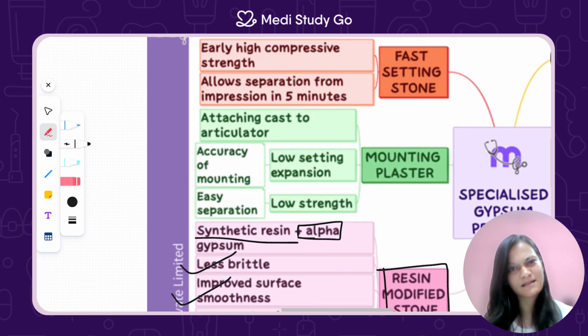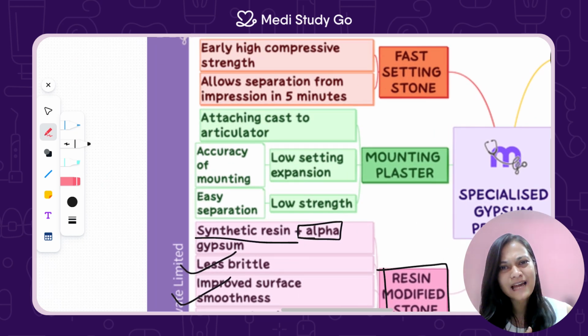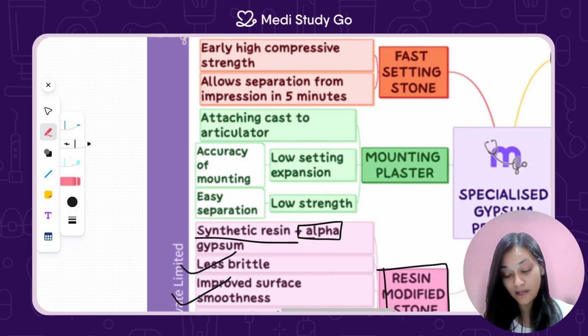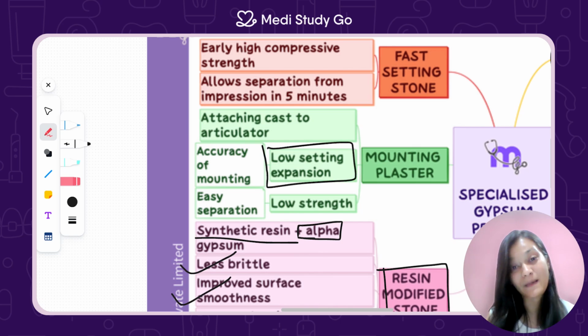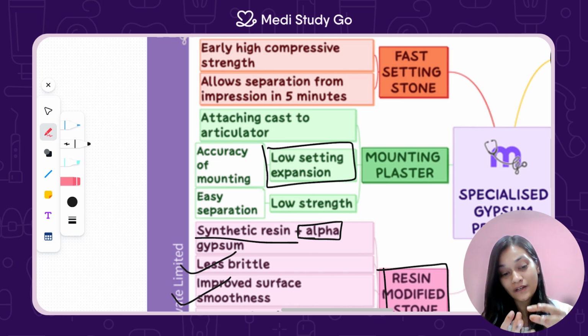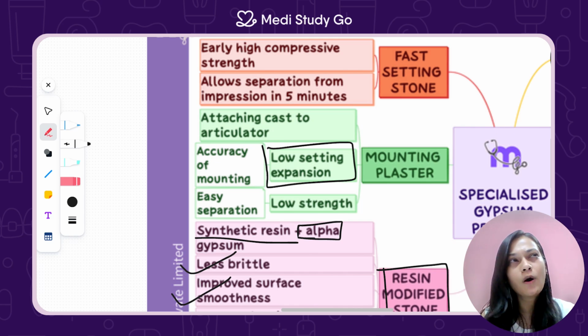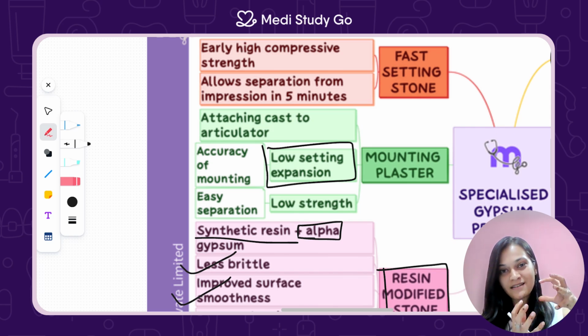And the mounting plaster. So we do use type 2. Why do we have to alter the property? Basically, to lower the setting expansion. Because you would have observed that at times when you do mounting and it stays for a very long period of time, your mounting just detaches from the ring. Why does that happen?